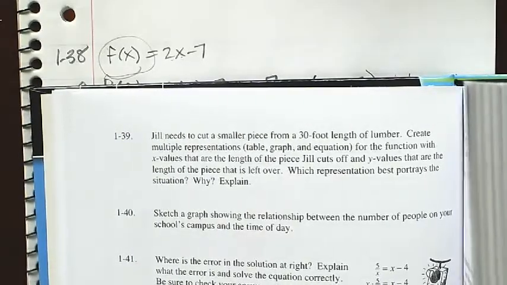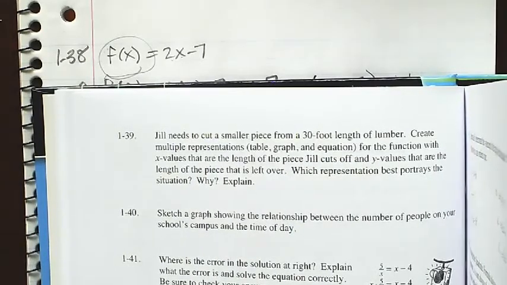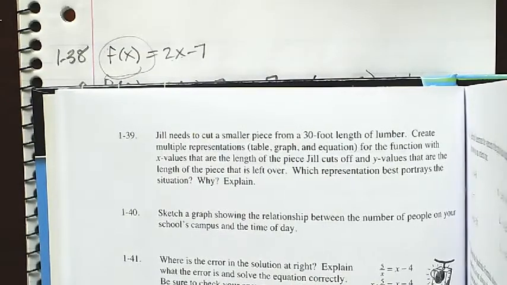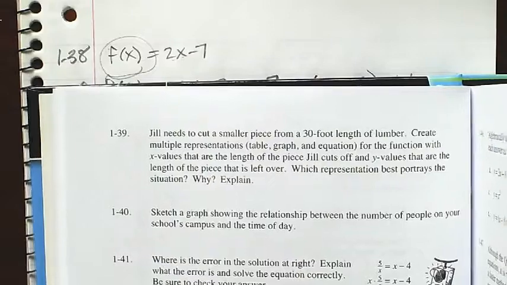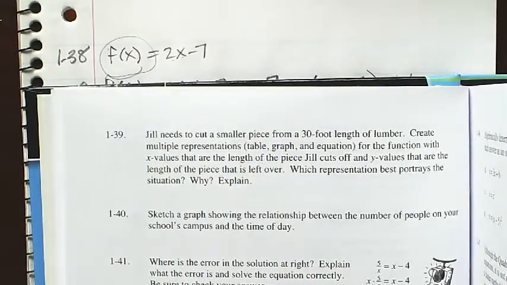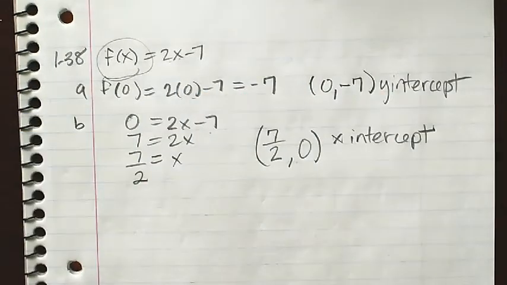So if she cuts off a piece that is 1 foot, she gets a 29-foot length. If she cuts off a piece that's 2 feet, she's at 28. So we're just going to make a table and a graph. Might just do a sketch. Let's skip the graph paper and do a few key points.